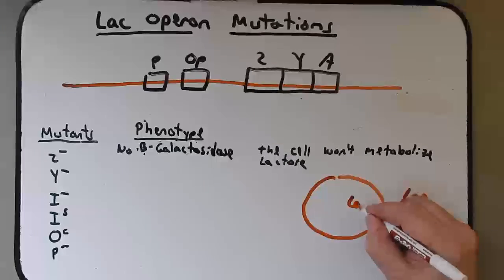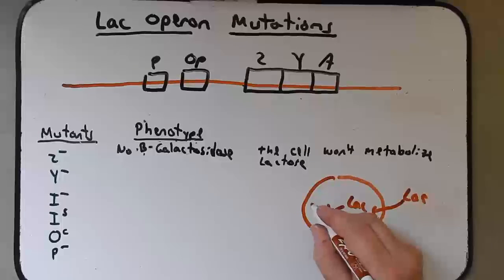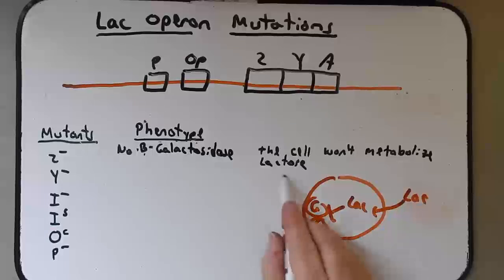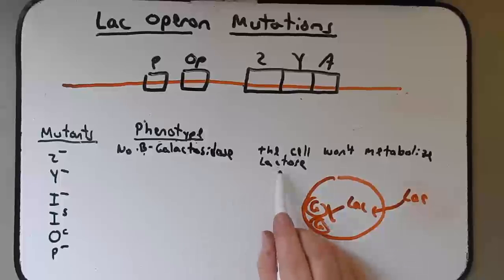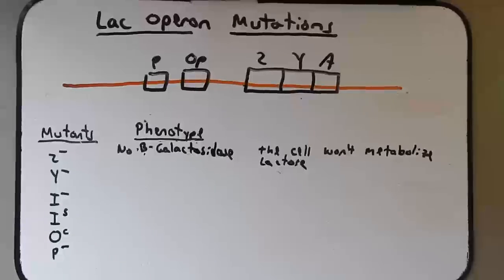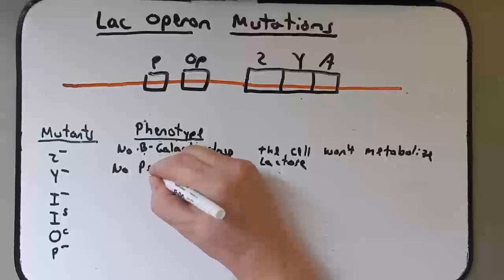But once inside the cell, it can't be metabolized into our two monosaccharides of glucose and galactose. And so it won't be able to metabolize lactose. And if that's the only sugar present, that would be lethal to the individual E. coli cell.